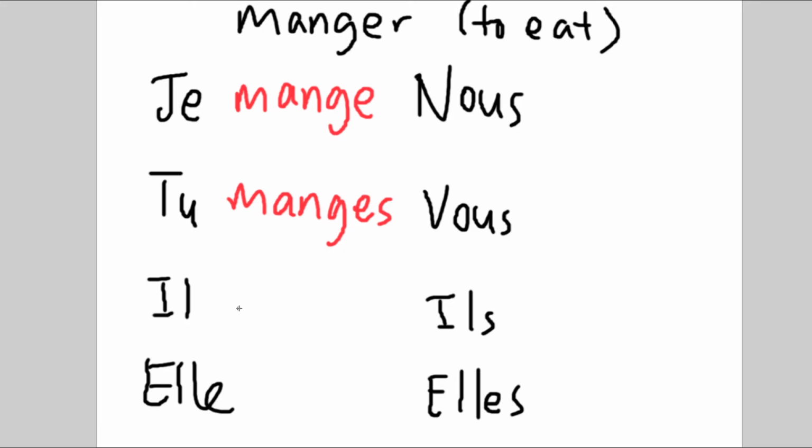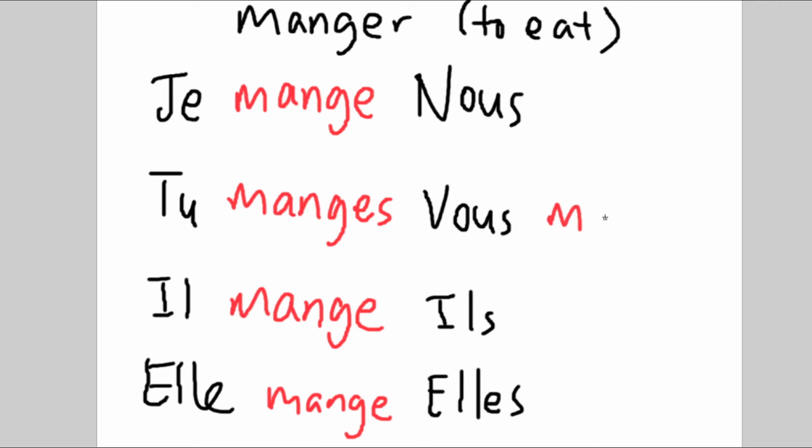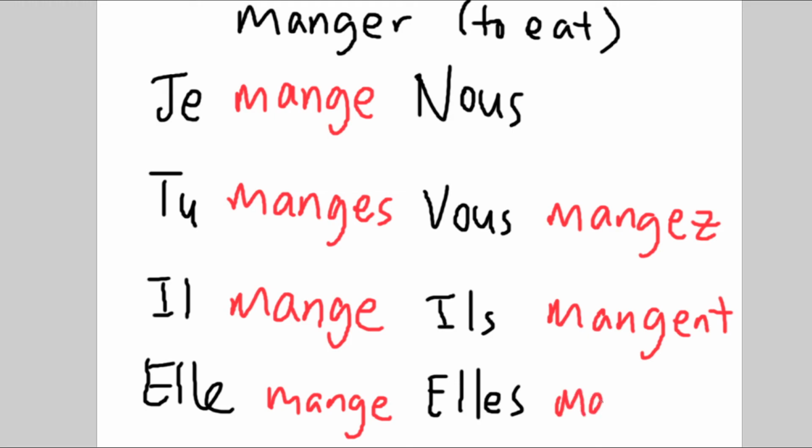Il has no S or R, it's the same thing as je, il mange, and elle is the same thing as il. Elle mange. We will skip nous for now. Vous, as we know, is EZ. Vous mangez. And ils, elles with the S, ENT. Ils mangent, elles mangent.